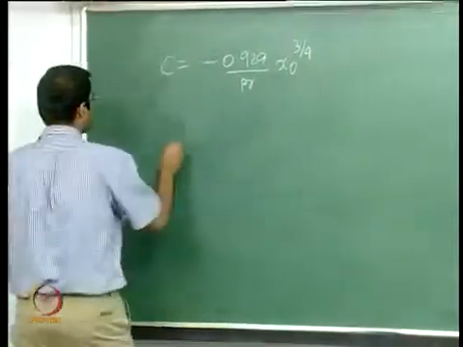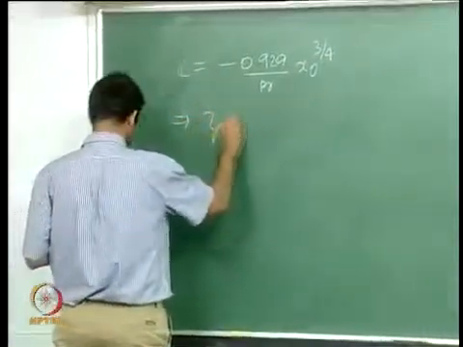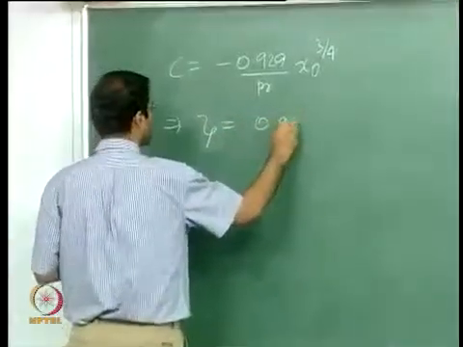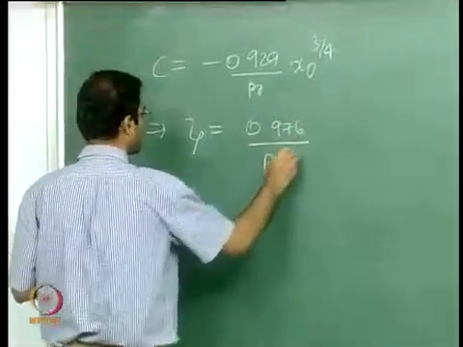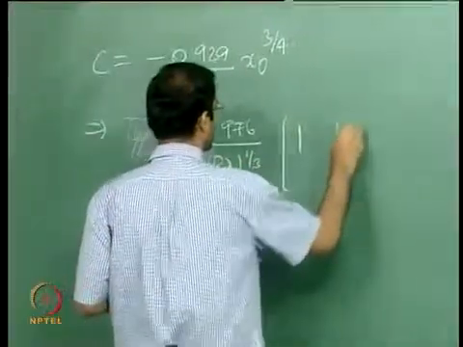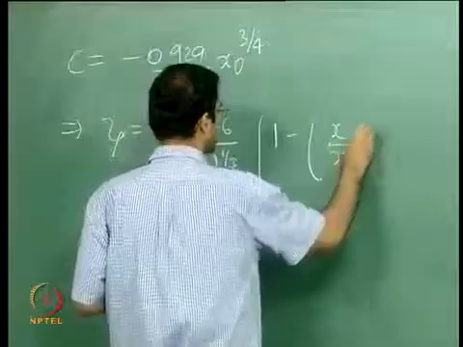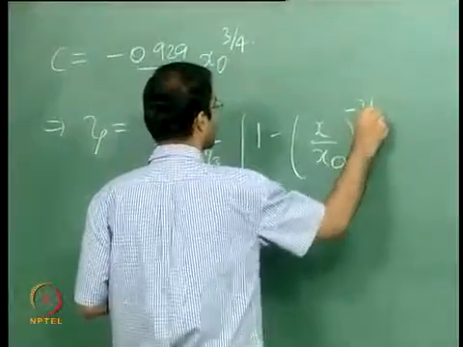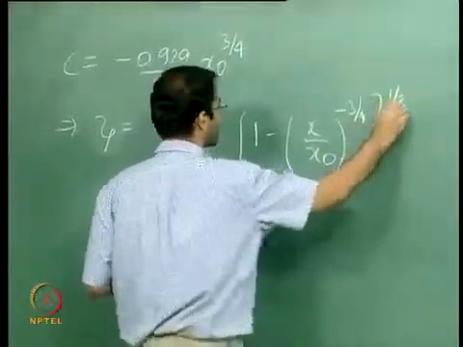Therefore the final solution for zeta can be expressed as 0.976 by Pr to the power 1 by 3, times 1 minus x naught by x to the power 3 by 4, the whole raised to 1 by 3.